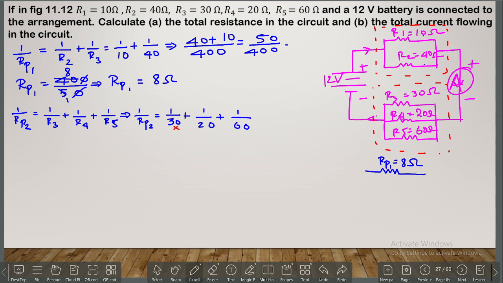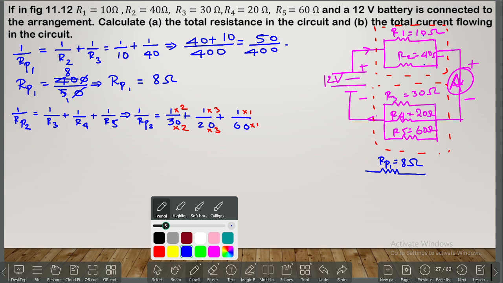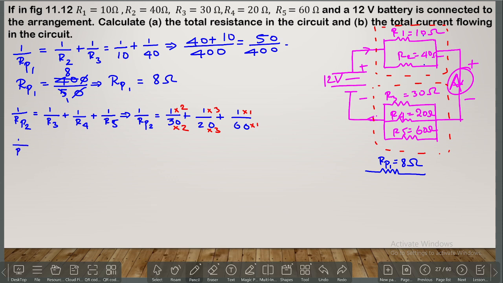Multiply 1 by 2 and 30 by 2, 1 by 3 and 20 by 3, and 1 by 60. So 1 by Rp2 is equal to 2 by 60 plus 3 by 60 plus 1 by 60. 60 is the LCM.